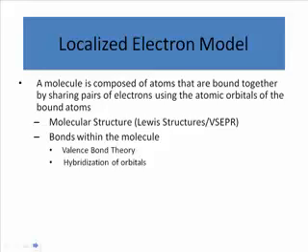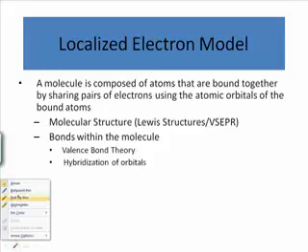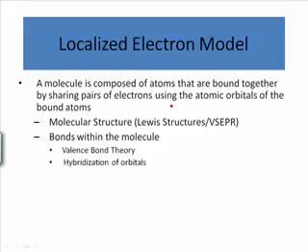But the first thing is to realize that in this model that we're looking at, we create a bond by sharing pairs of electrons. And we're going to see some pictures to give you an idea of what that means. We're going to be using two different types of models, and a good way to think of it is that the Lewis structures are our two-dimensional model.